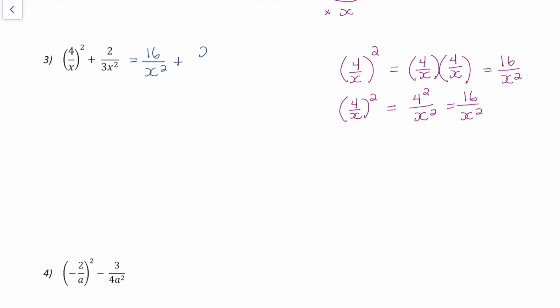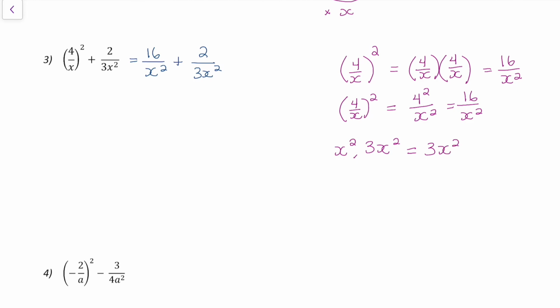So now I have 16 over x squared plus 2 over 3x squared. I need to find a common denominator between x squared and 3x squared. Well, 1 and 3, the least common multiple is 3, and x squared is x squared.